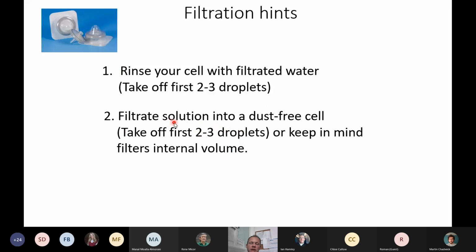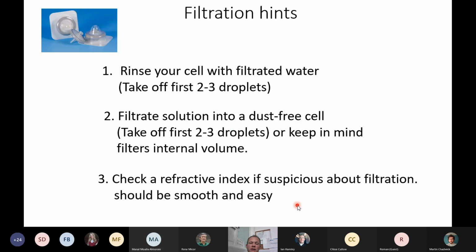Then, as step number 2, filtrate your solution into a dust-free cell. Again, if you're using another filter, take off the first 3 droplets. Also remember, if you're working with a low volume, some amount of solution will stay inside the filter. Then check the refractive index if you suspect that some amount of material was retained by the filter, for example through interaction between the filter material and your proteins.